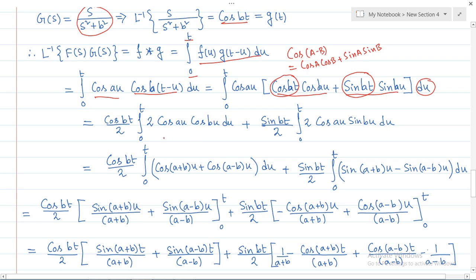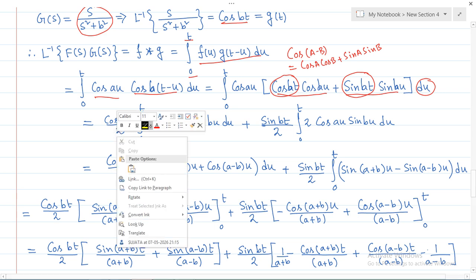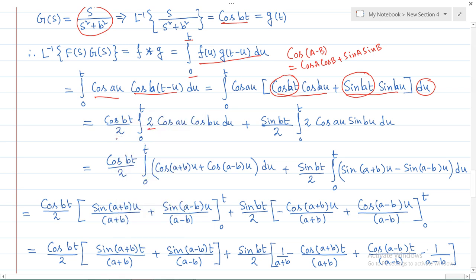But cos au cos bu is not in the shape of that integration. We have to adjust it by multiplying by 2 inside and adjusting by 1 by 2 outside. So here we have multiplied by 2 and outside we have adjusted by 1 by 2. Here also we have to do the same thing. Now what will be the advantage after doing this?